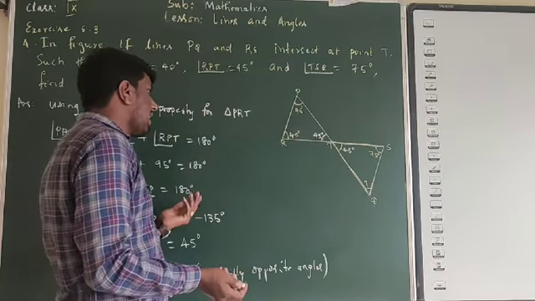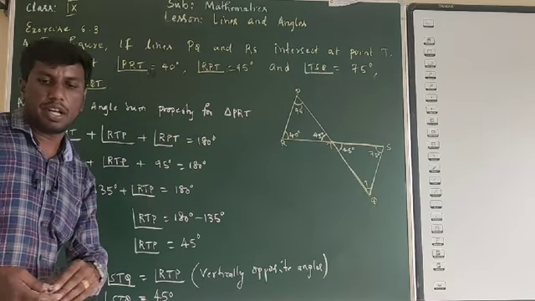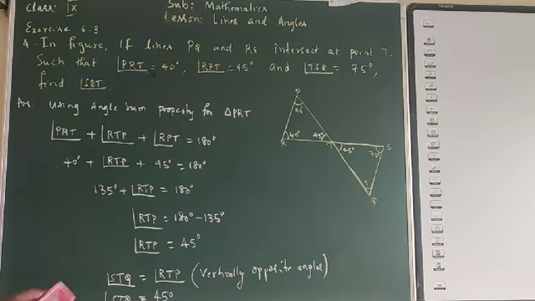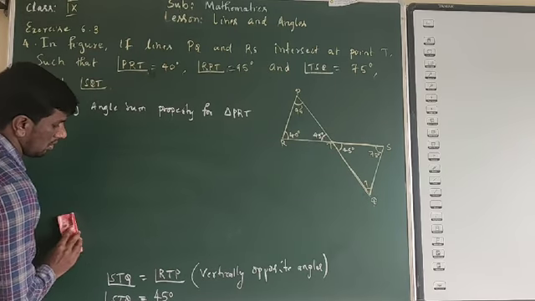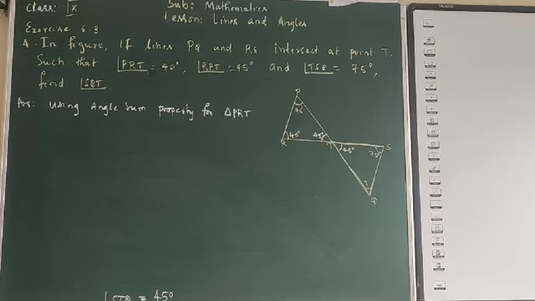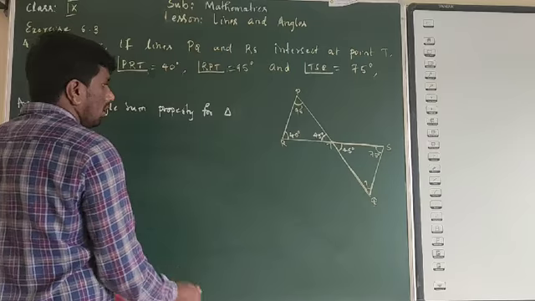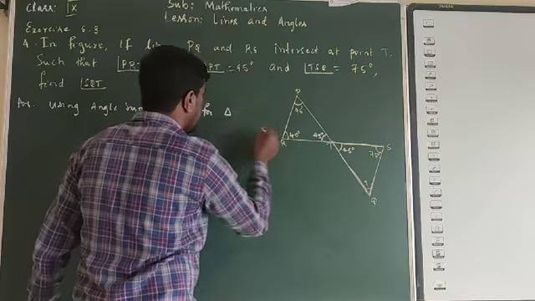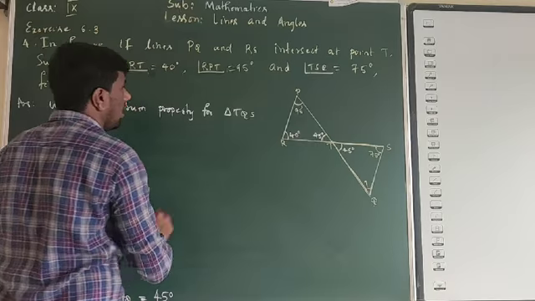So I can use again angle sum property for triangle TQS and I can find out that missing angle very easily. Okay. Using angle sum property for TQS triangle, this triangle TQS. Okay.